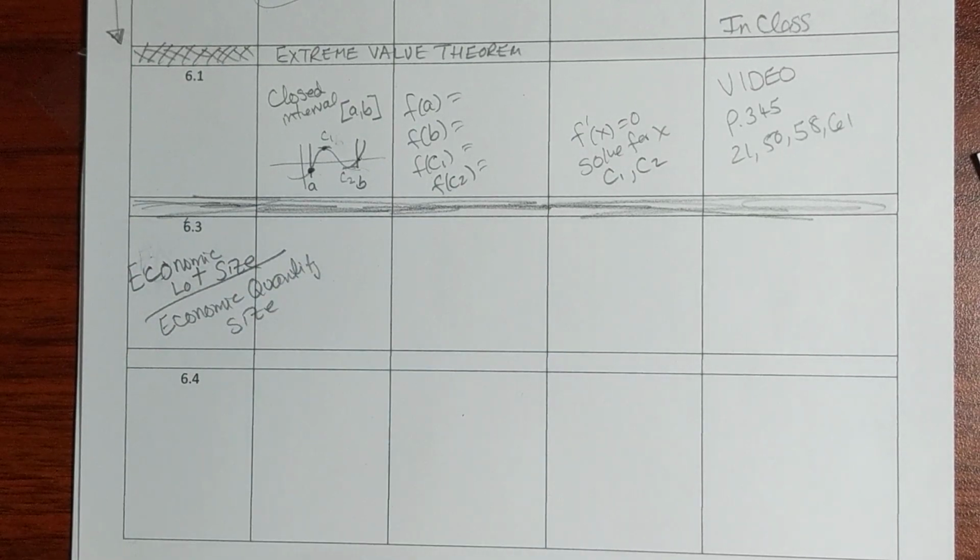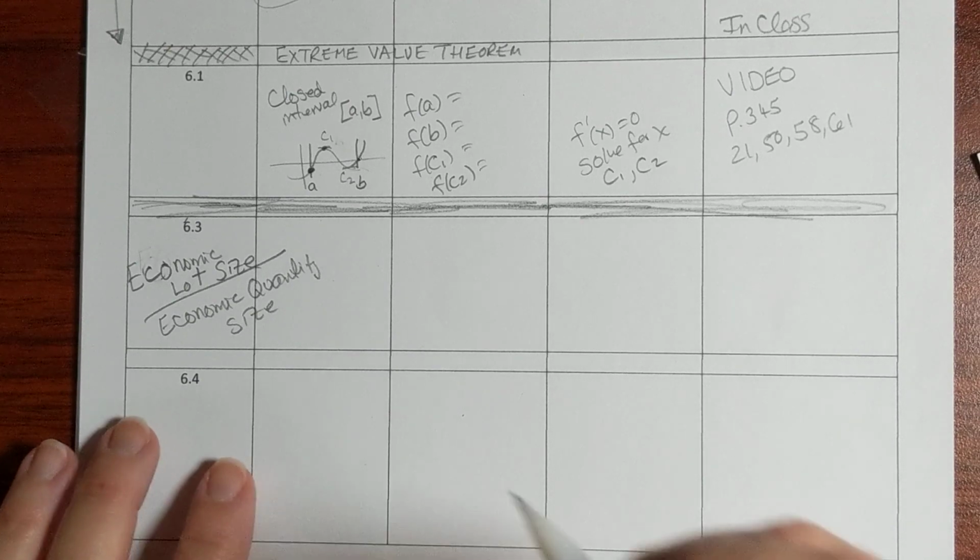So we'll be calculating how to find the most economical lot size to manufacture, or the most economical quantity size to order, as far as space goes and things like that. So it's just mostly a formula that we use.